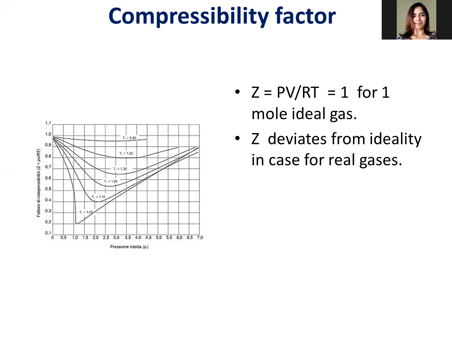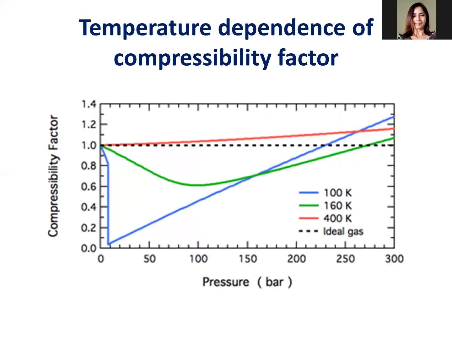Compressibility factor equal to 1 exhibits the closeness of the behavior of a real gas towards ideal, the comparison of the behavior of real gases towards ideality. The compressibility factor, that is the dashed line, is equal to 1 for an ideal gas, whereas it varies from the value of 1 in case of a real gas.